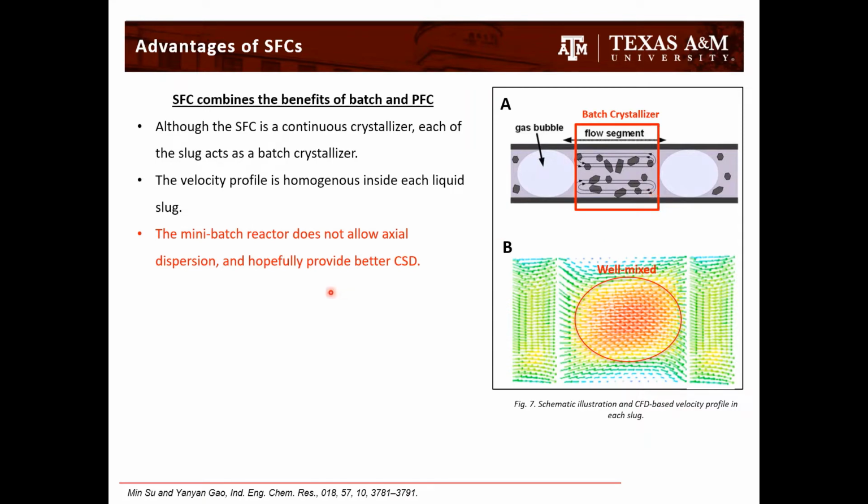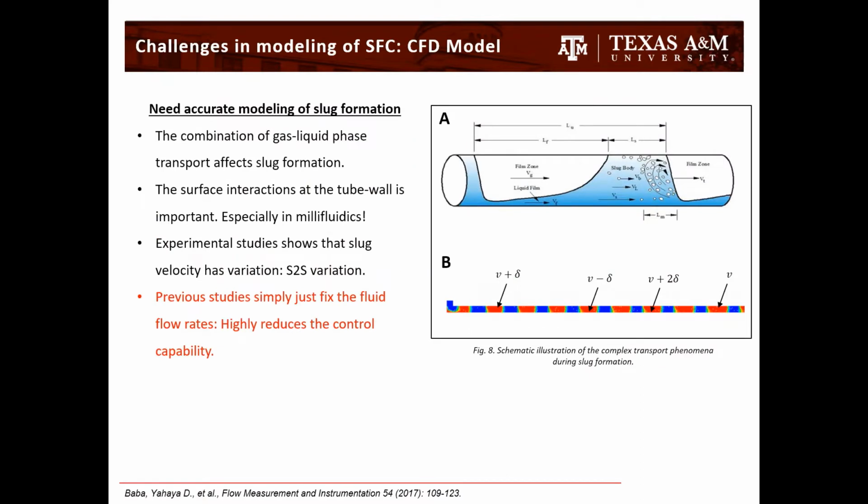However, there are certain challenges in doing so. And majorly, these challenges are because of the slug formation process. Basically, there is a liquid slug, there is an air slug. They also have a vortex formation. So the combination of the turbulence and the surface tension effects in turn generates something called a slug-to-slug variation, which means that each liquid slug is a bit different from one another because of these stochastic concepts, you can say.